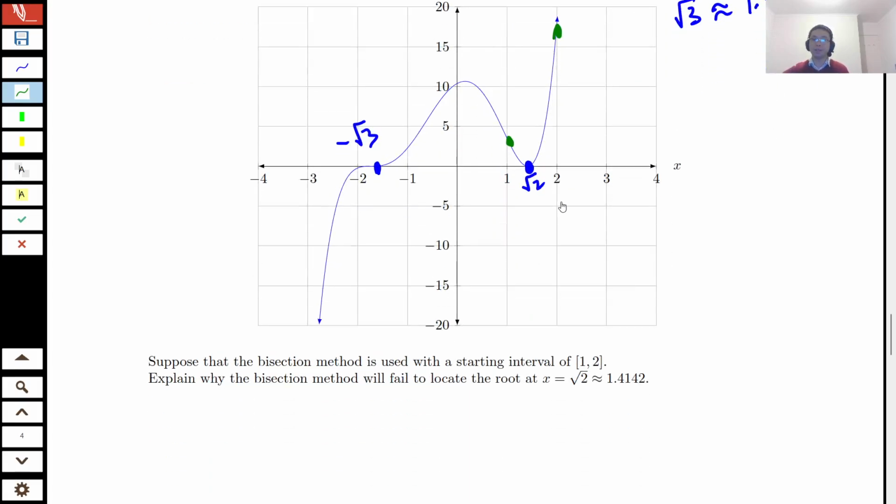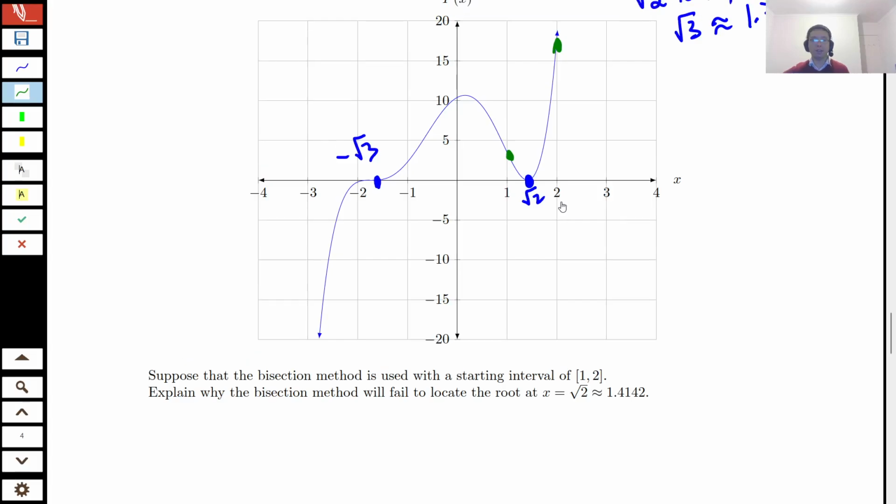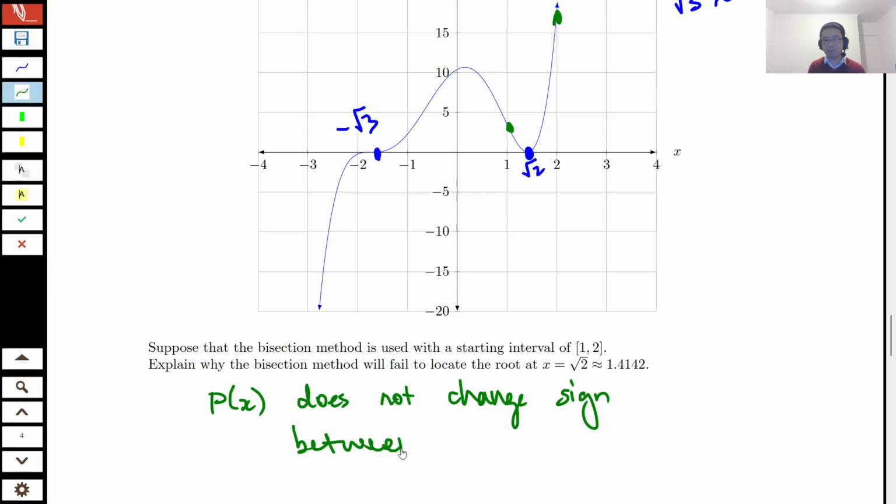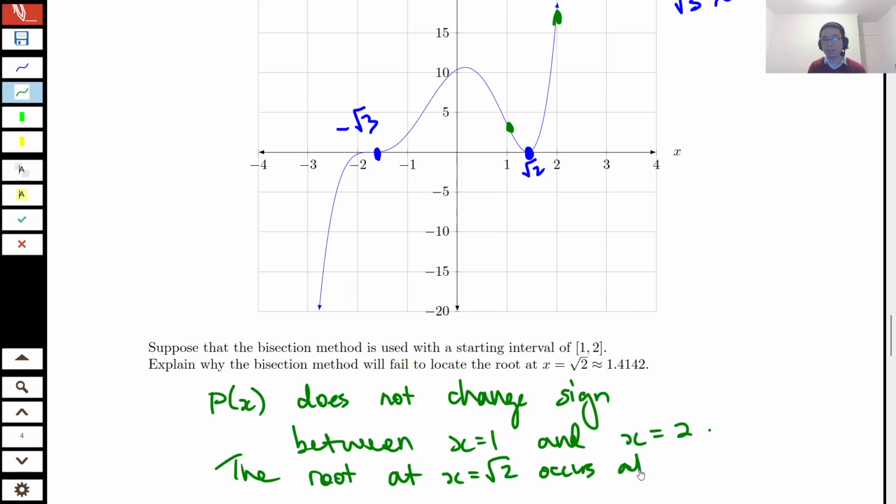So it's going to fail to find that root. The root at x equals root 2 occurs at a turning point.